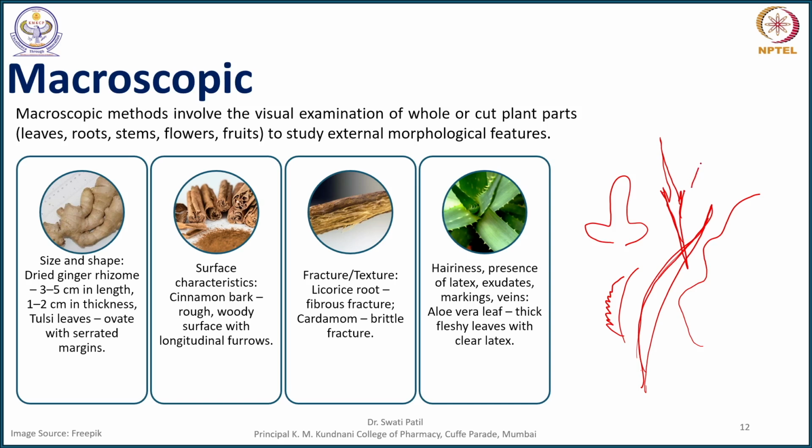A simple leaf is directly attached to the branch like this, whereas in a compound leaf, the lamina is divided into many leaflets like this. If you see a tamarind leaf or a senna leaf, you will see leaflets like this. So, this is a compound leaf and this is a simple leaf.